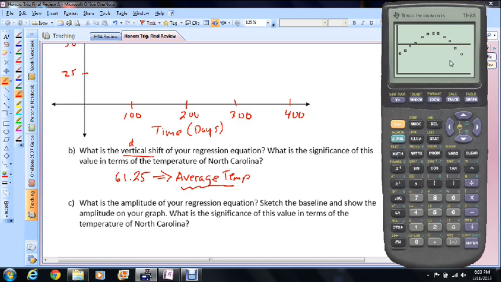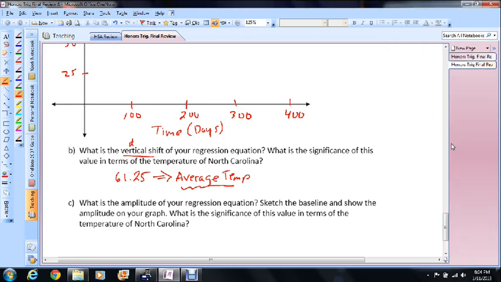I kind of misspoke there. I didn't mean to say the middle number, but usually it's the number that summarizes the data. So this is right in the center of all these data points, and that's our average temperature. If I was saying middle number, I would be talking about the median, but we're not talking about that here. We're talking about the average temperature.